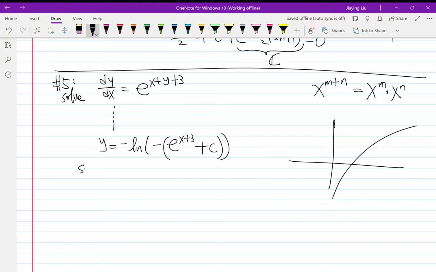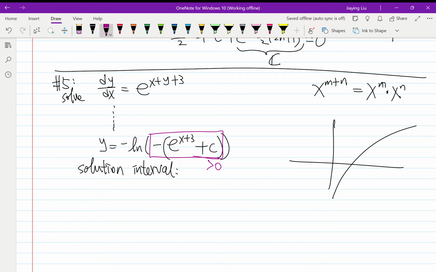So to find the solution interval, we have to make sure that this part is positive. It cannot be 0, and cannot be negative because of the natural log there.